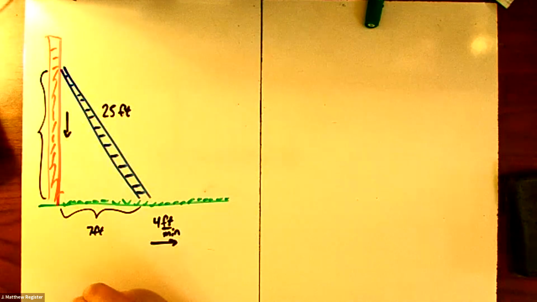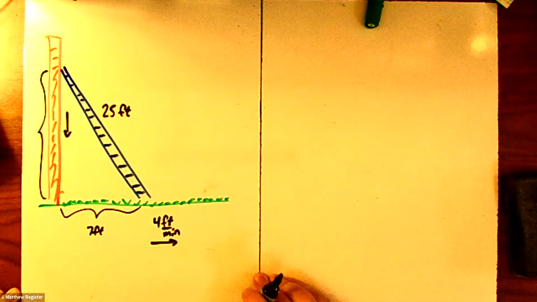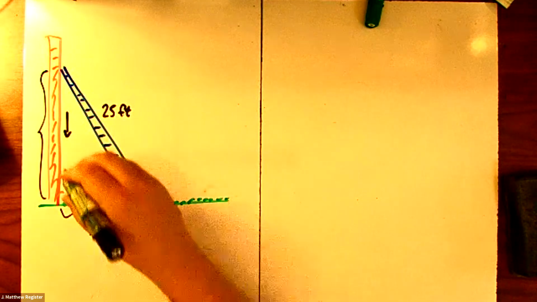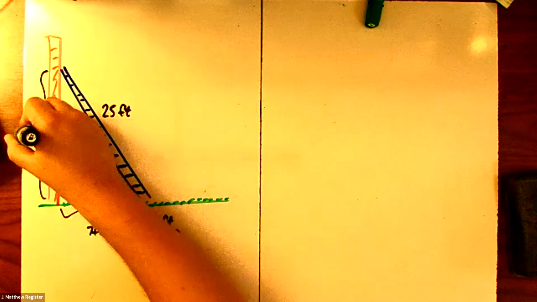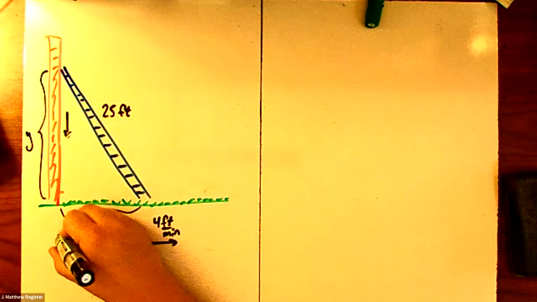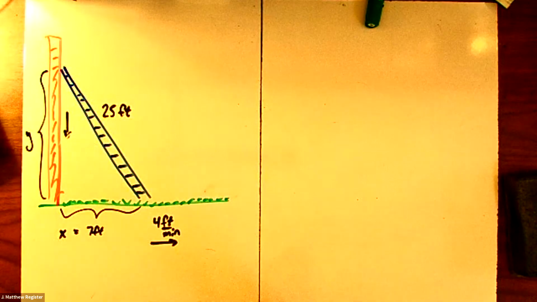And so what we really need here is some variables, because so far we do not have any variables associated with this. And so let's just use x and y. In this case, we'll say that this is the distance up, y, and this is the distance going across, x.